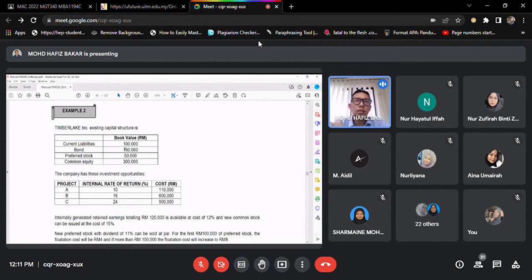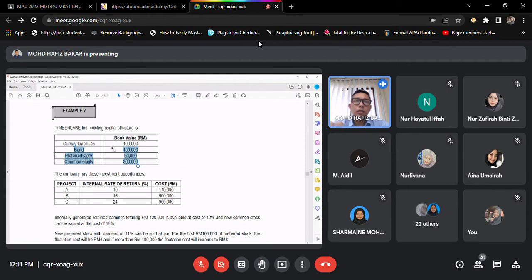Contoh untuk bond nanti, 150,000 divide by total book value. But for total book value you need to exclude the current liabilities, sebab current liabilities is for the short term, less than 1 year. So you need to exclude 100,000. So maksud dia, you kena total up 150,000, 50,000 and 300,000 only. These three sahaja you need to total up, okay, to get the total book value.